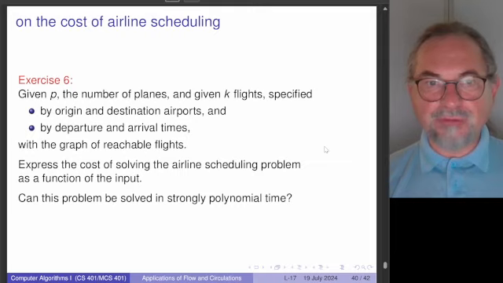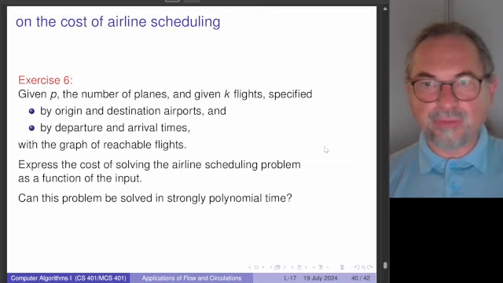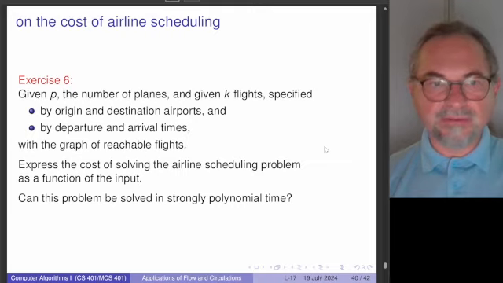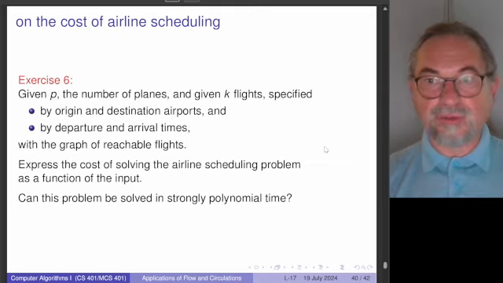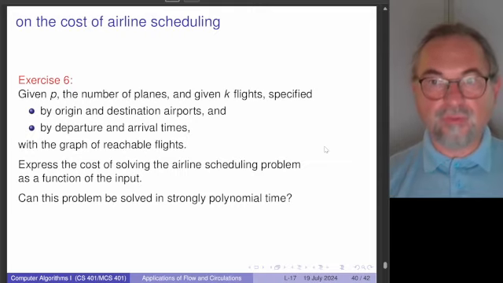So we're going to add a source and a sink. Every origin airport in that graph will be connected to the source, and every destination airport will be connected to the sink.